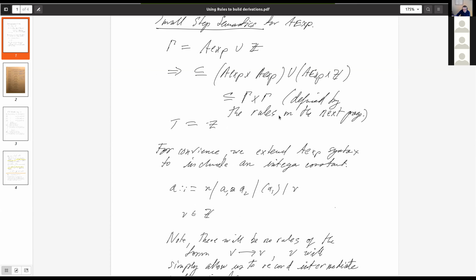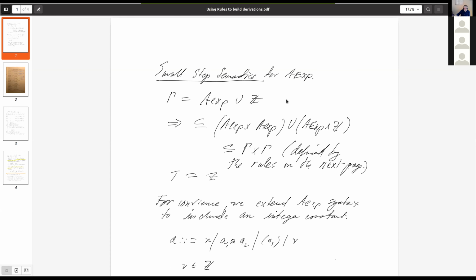Now, you could disagree and say, okay, maybe one of the operations that we don't care about that much is the one that turns a numeral into an integer. It depends on what you're trying to model, whether or not that should really be counted as a step of computation.